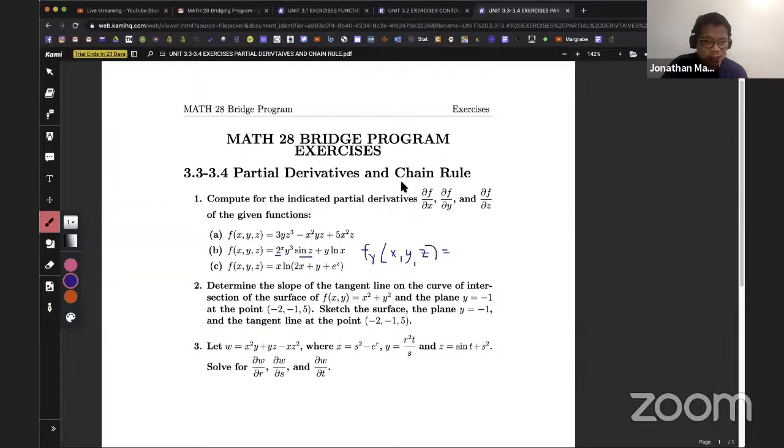Three y squared. Okay, that's correct. 3y squared. When we say derivative, hindi na natin nilalagay yung dy. Okay? So the derivative of y cubed is 3y squared.